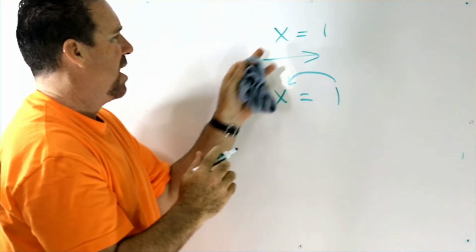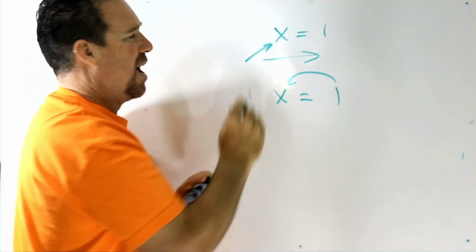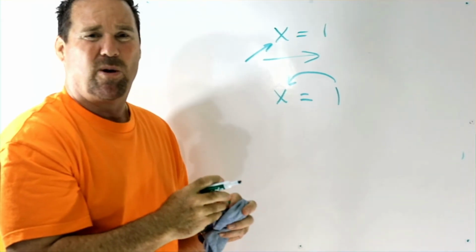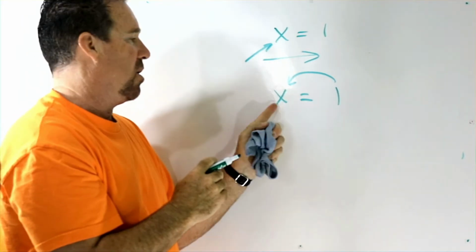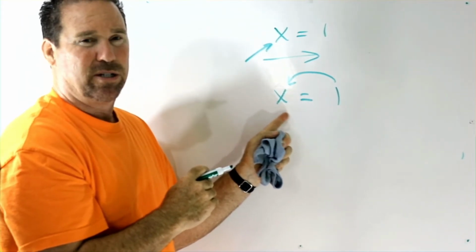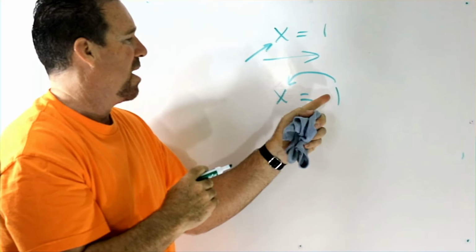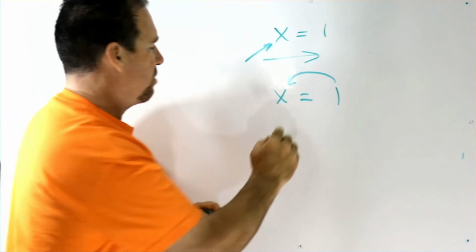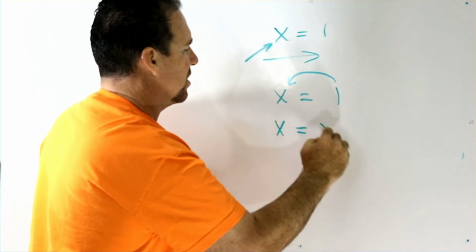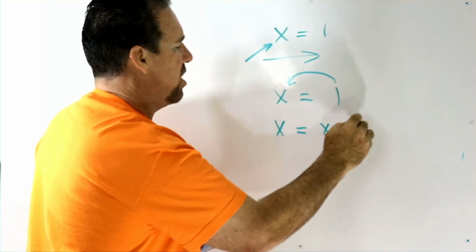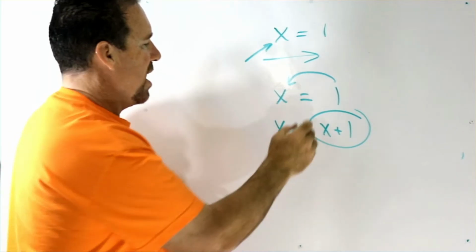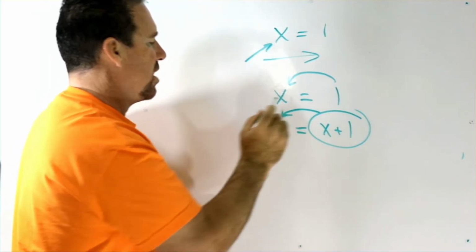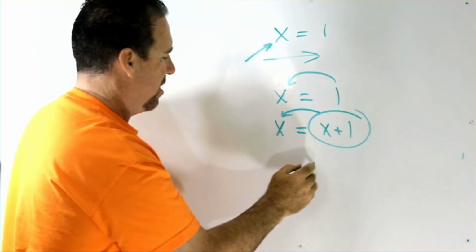And by the way, this might be the reason some people have problems with algebra or math, because that way doesn't make a lot of sense and this does. 1 is being held in this storage location called X. Okay, so think about it from right to left, and that's why we can do X equals X plus 1. You calculate this side first, so if X is 1, 1 plus 1, and then you take the sum of that and put it in the X cup. Okay?